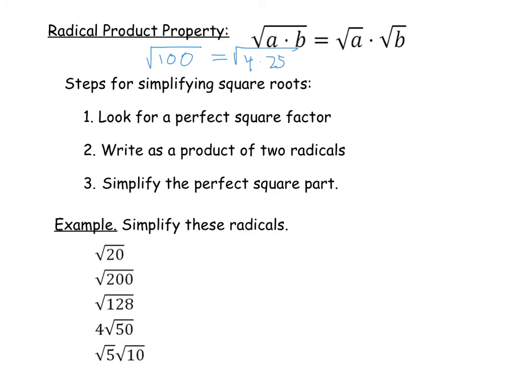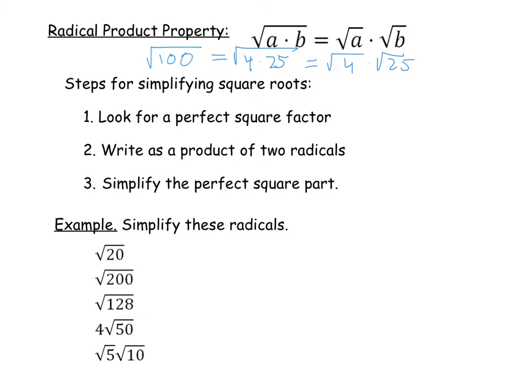Now, you should know what the square root of 100 is, by the way, but let's ignore that for a moment. According to this rule, if we've got 2 things that multiply under the square root, we can write them as 2 different square roots. So the square root of 4 and the square root of 25, okay?